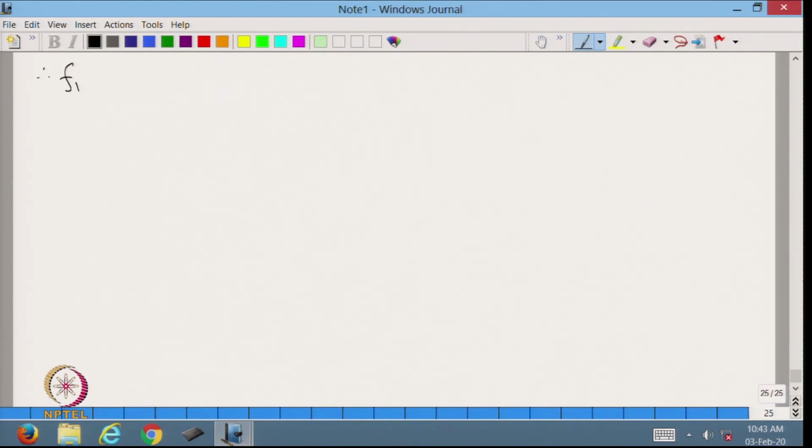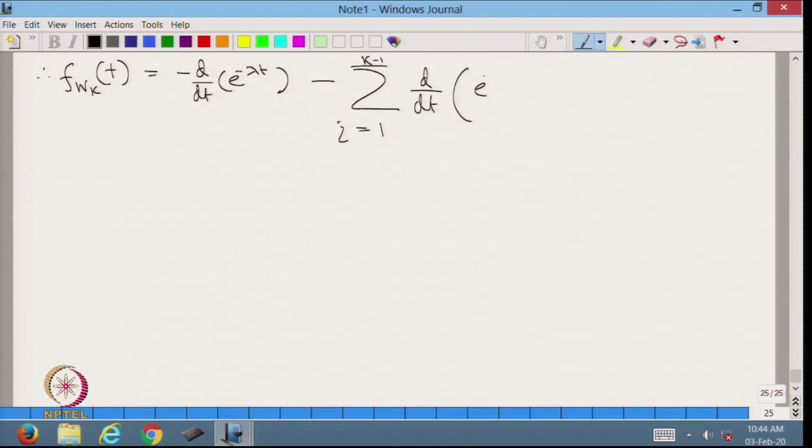Therefore, f_{W_k}(t) is equal to minus d/dt of e^(-λt), minus the sum over i from 1 to k-1 of d/dt of e^(-λt)(λt)^i/i!, because the derivative of the sum is equal to the sum of derivatives.